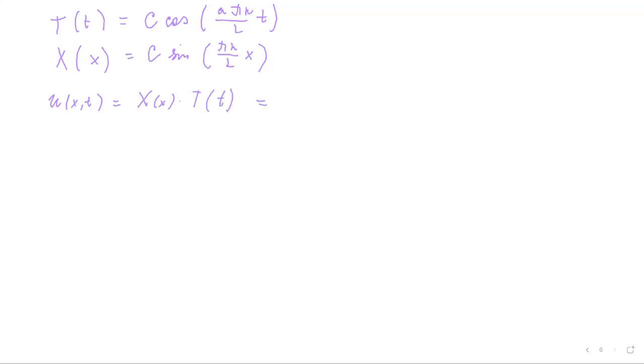Guys, these two are arbitrary constants, so I'm going to unify them into one. I'm going to set C multiplied by C equals C, just a new constant, okay? So I'm going to have C cosine of i pi n over L t. I'm copying the t part first because it sits on the top, and then I'm going to copy the x part, sine of pi n over L x.